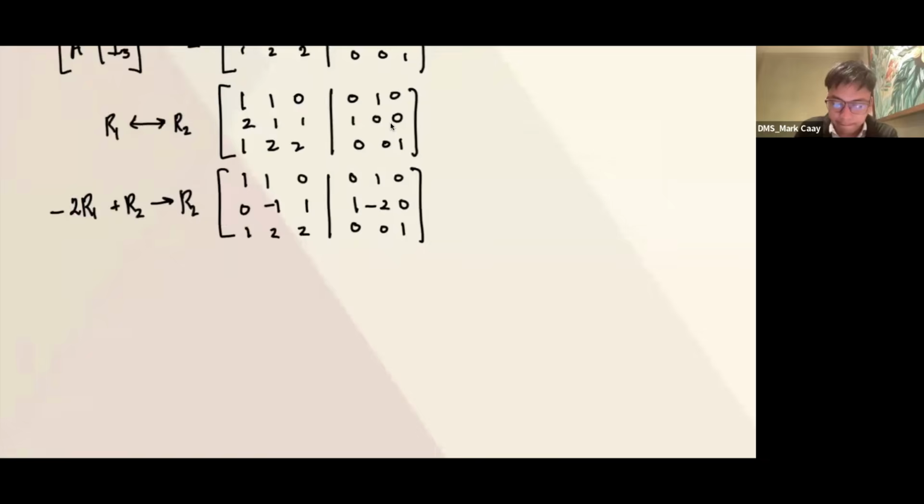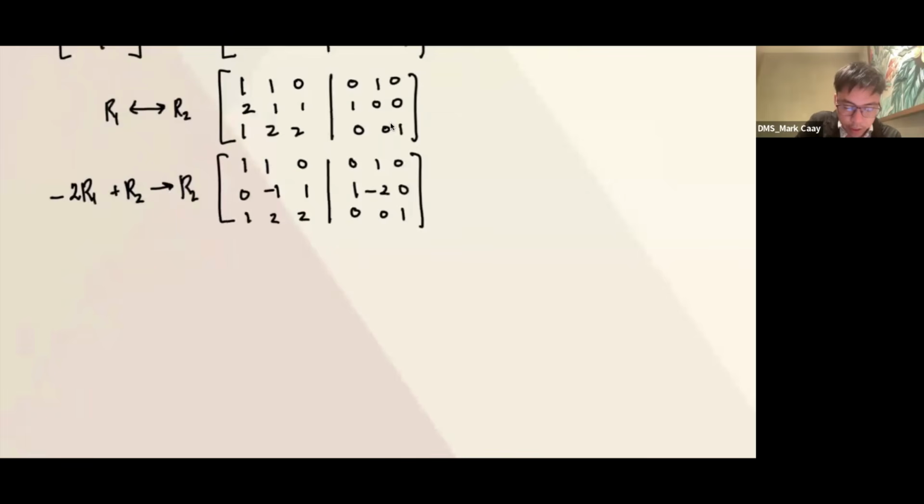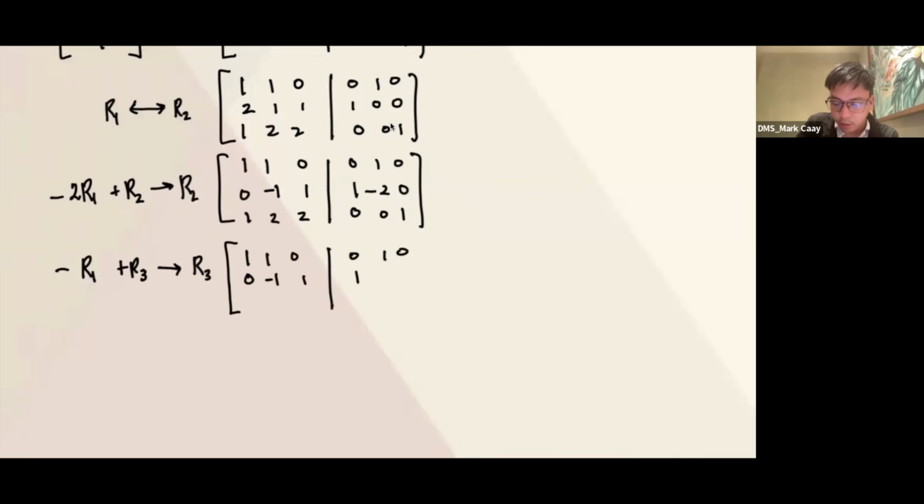I also want the first column of row 3 to be zero. So I will add R3 to negative 1 times R1. Row 1 stays 1, 1, 0, and R2 stays 0, negative 1, 1, 1, negative 2, 0. The new R3 is 0, 1, 2 and 0, negative 1, 1.